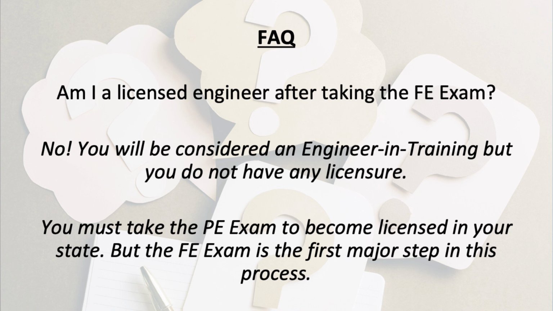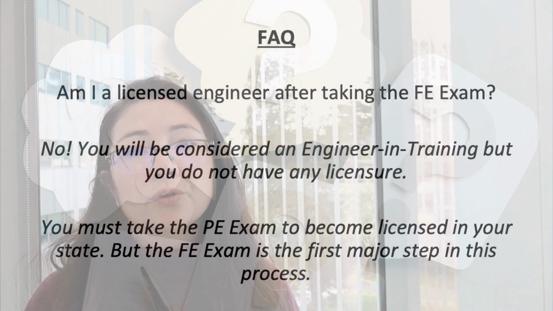As I noted in the beginning, the FE exam just denotes that you are an engineer in training. It is not a certification giving you any form of license, and so you have the ability to later on potentially go into a different engineering field, which is going to be very much tied to what engineering discipline you get your license from your state.